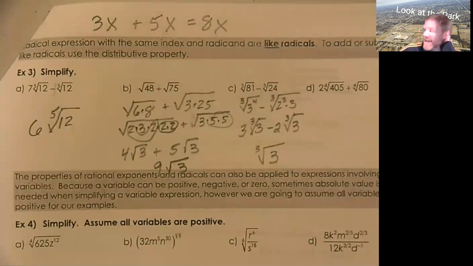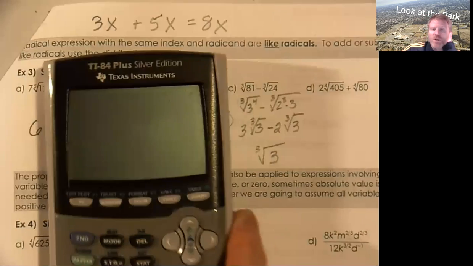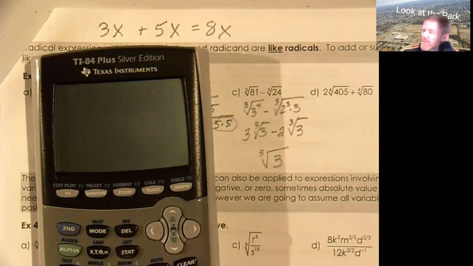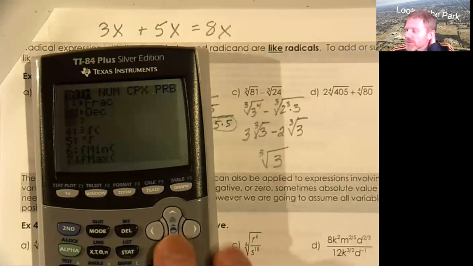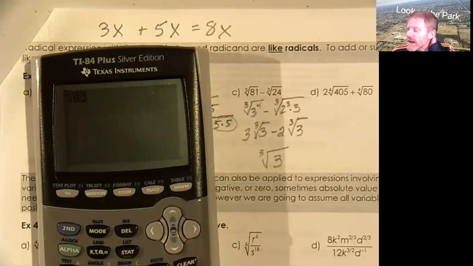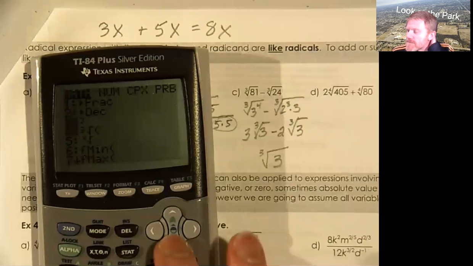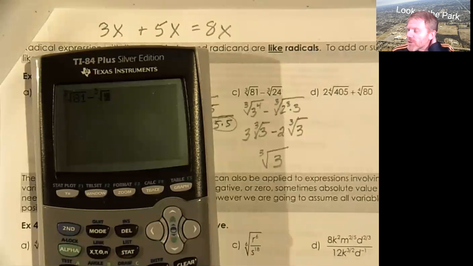You could test that. If you're doing some of this homework and are wondering if you're doing things right, you could take the cubed root of 81, minus the cubed root of 24, and you're going to get some crazy decimal.